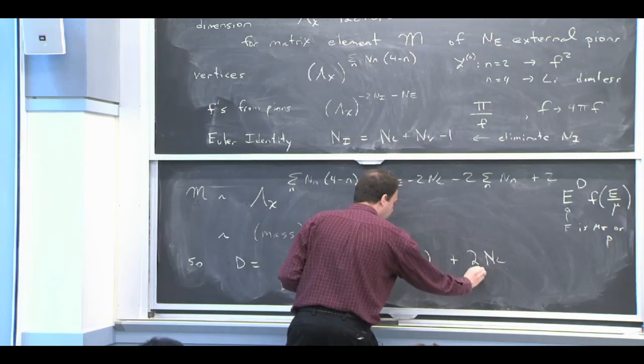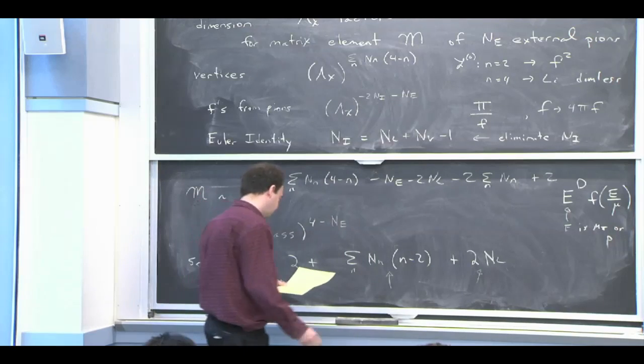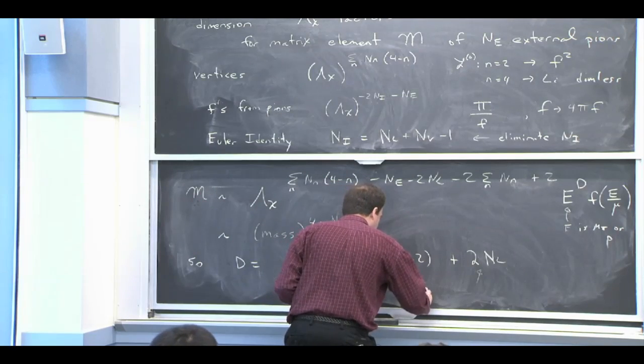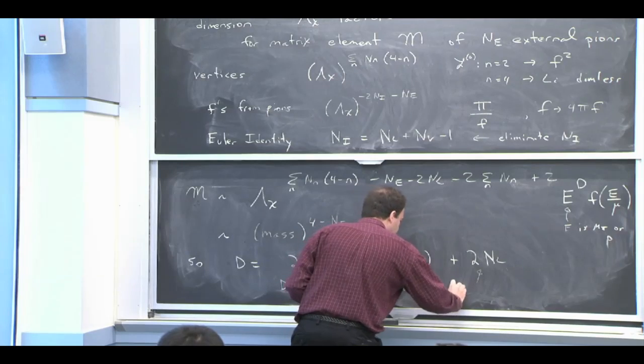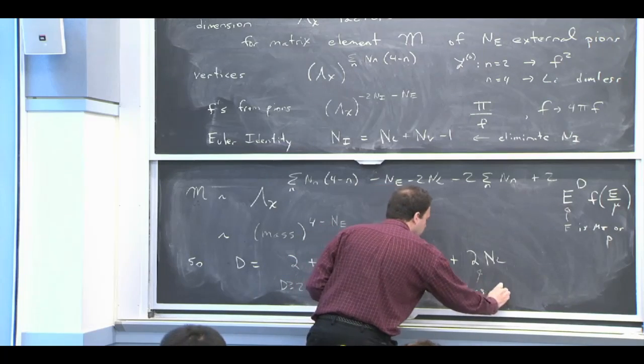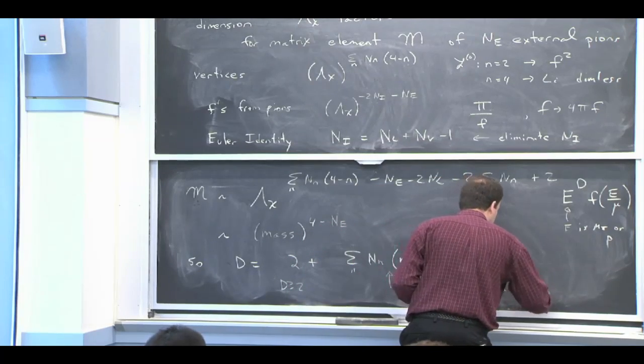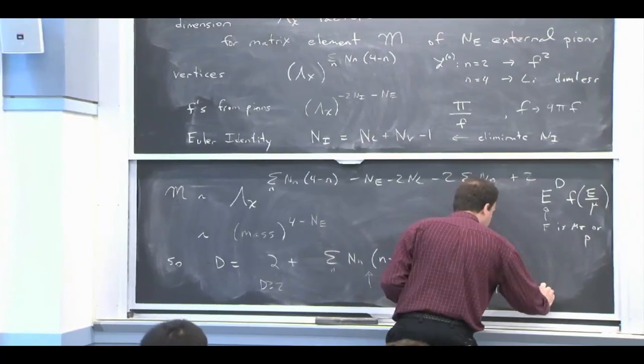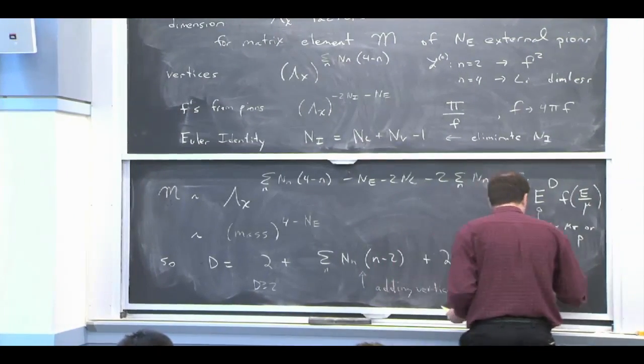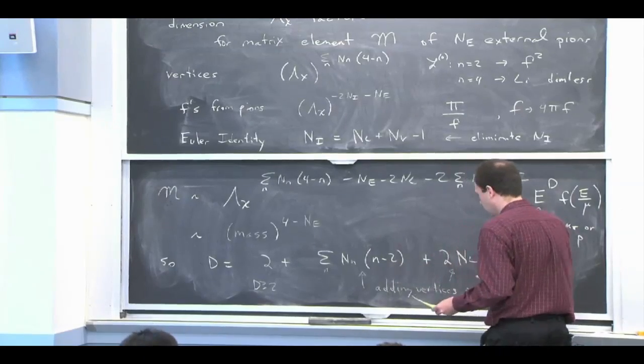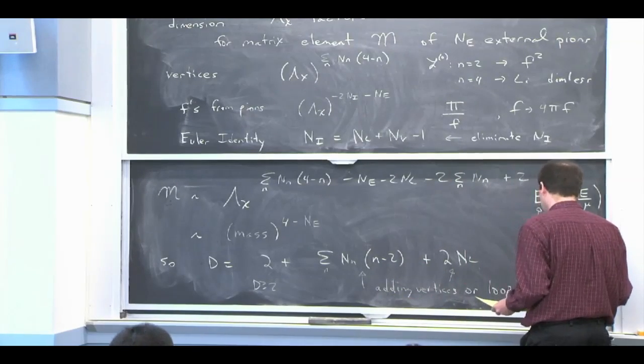And when I add either of these terms, I cause suppression, or I stay the same. So this could be 0, this could be 0, or it could be bigger, but it can't be smaller.